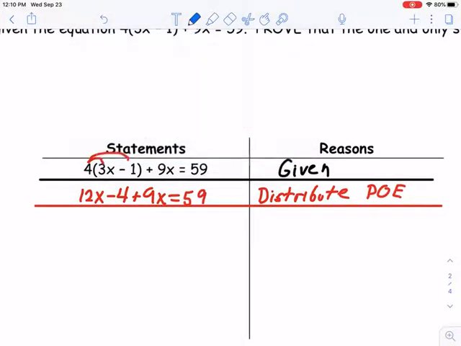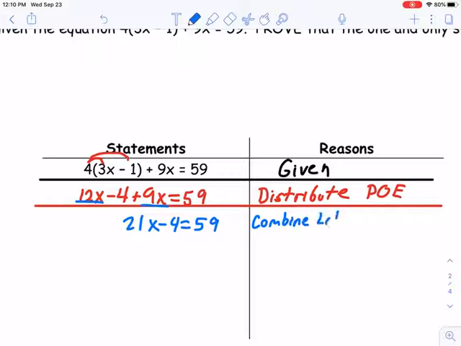All right, now, this wasn't written in above, but it's not addition. We have 12x and 9x. Even though we're adding 9x to 12x, since it's on the same side, it's combined like terms.